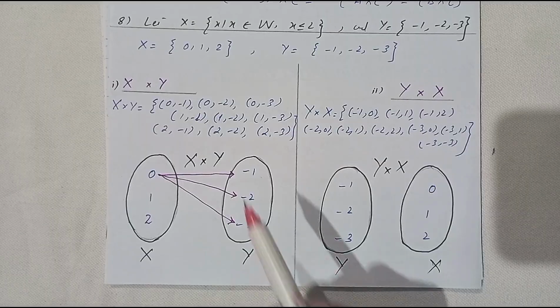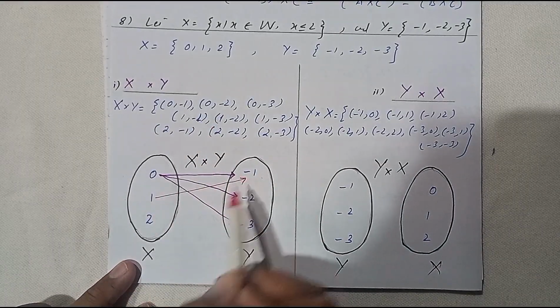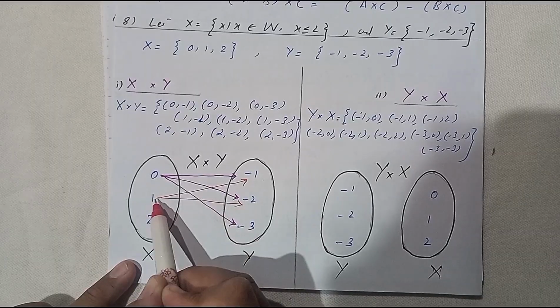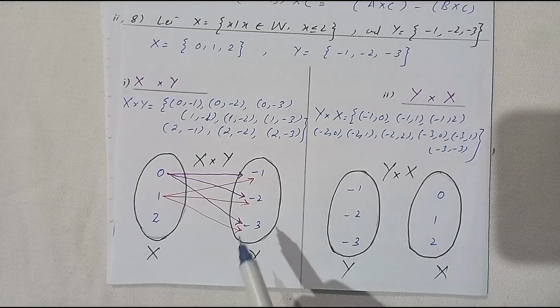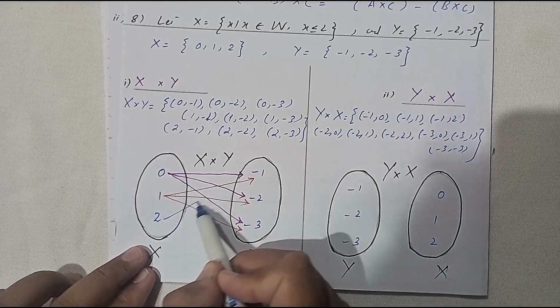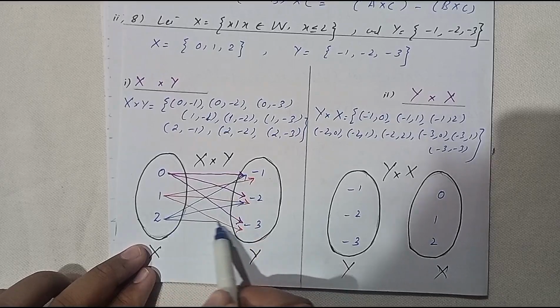Now 1 with 1, 1 with 2, and 1 with 3. And the last one is 2 with 1, 2 with 2, and 2 with 3.